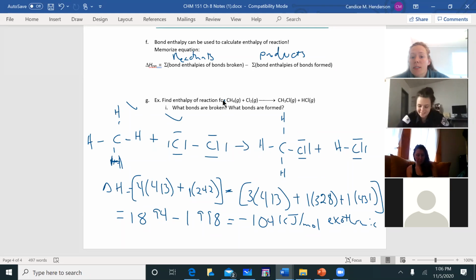Yeah, so all I did was take the reaction and I just drew it into Lewis dot structures. Because you know, if you get better at these, you could look at this and say, oh, that's going to be 4 hydrogens bonded to 1 carbon with a single bond. But I would lay them out like this, because then you can really visualize how many bonds there are that you need to subtract and add.